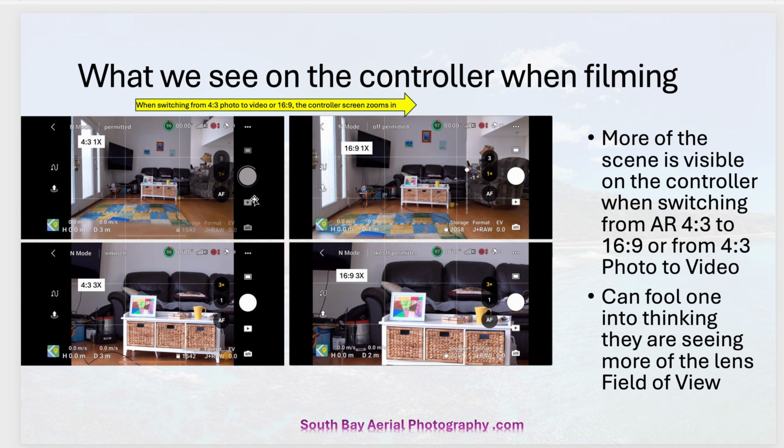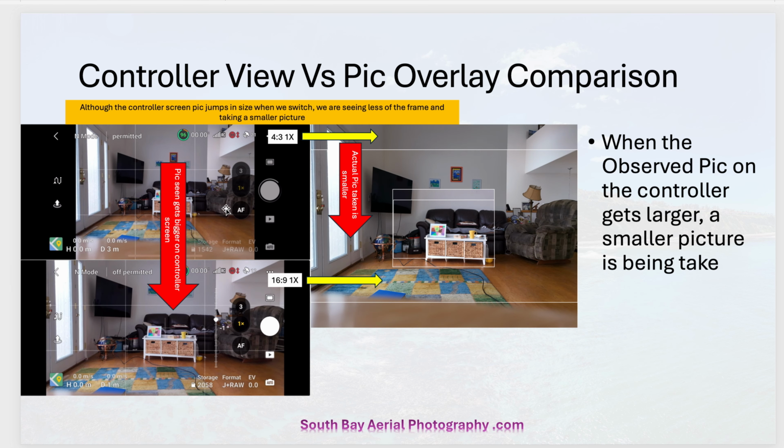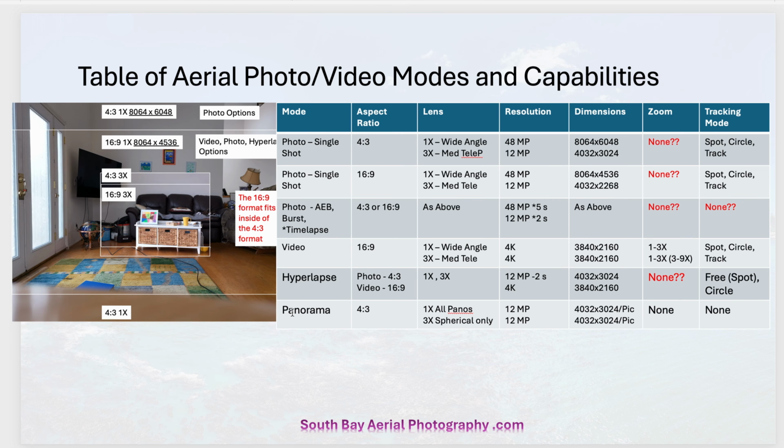Well, it didn't. You're actually seeing less of the overall field of view, and that is why the camera brings this closer on your controller field of view. So when the controller field of view actually comes in closer, you're actually taking less picture and cutting it off in the 16:9 frame.